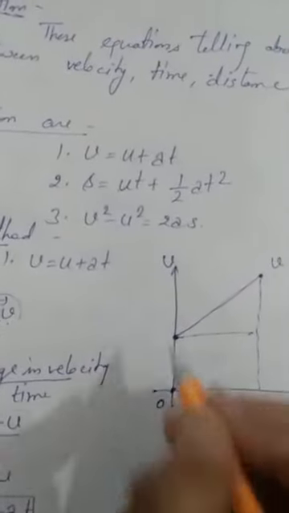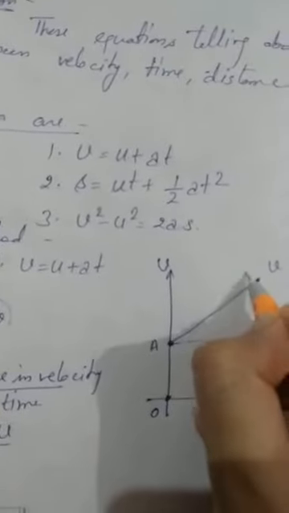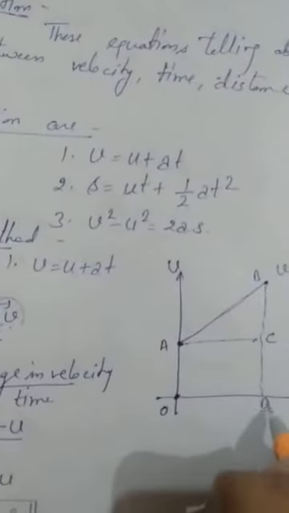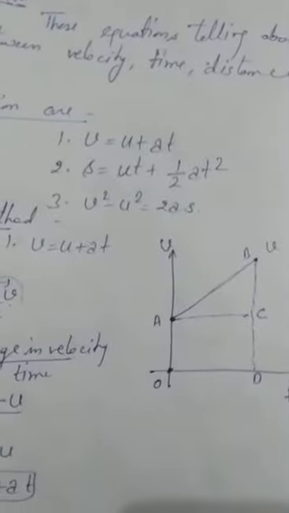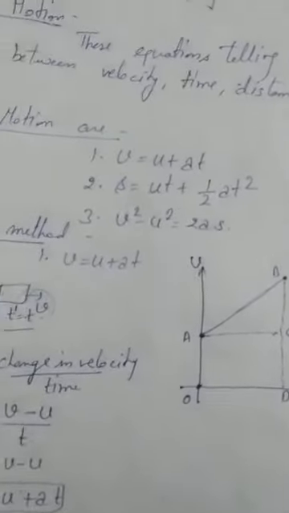Now we are naming these points O, A, B, C and D. As we know, to find the second equation, S equals ut plus half at square.